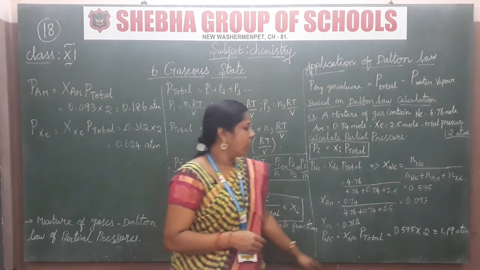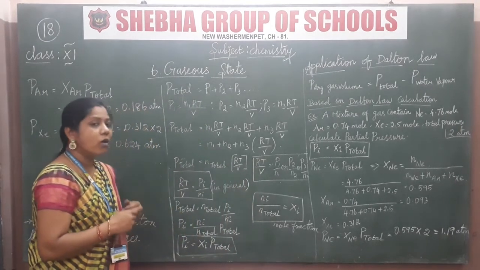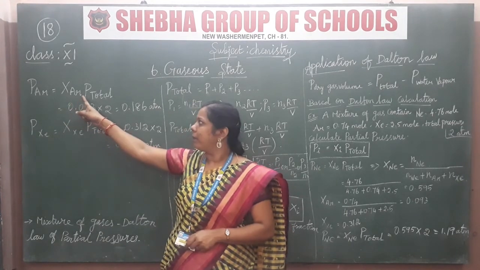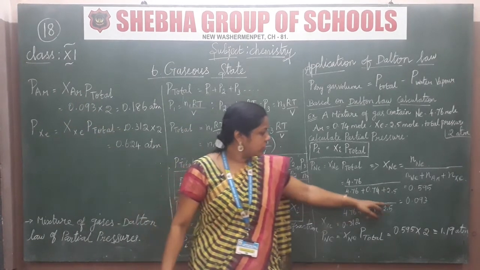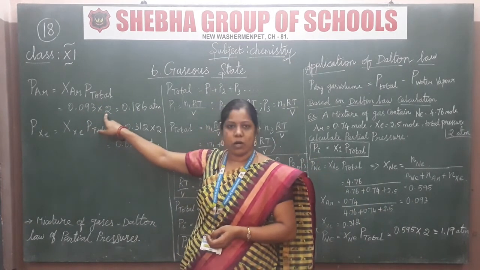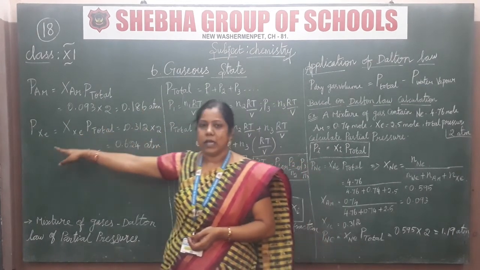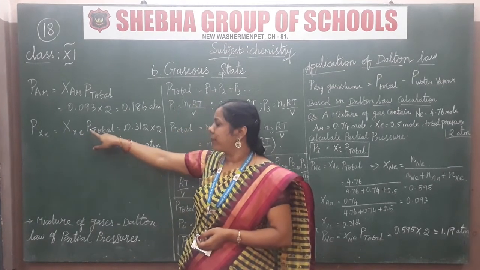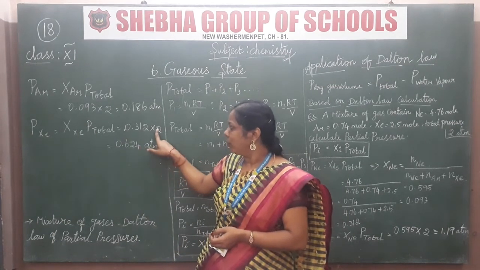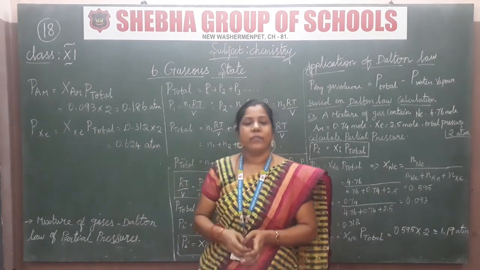Likewise we find the pressure of argon: P argon is X argon P total. The argon value is 0.093, times 2 atmosphere, so we get 0.186 atmosphere. For xenon, it is X xenon times the total pressure: 0.312 into 2, so we finally get 0.624 atmosphere.